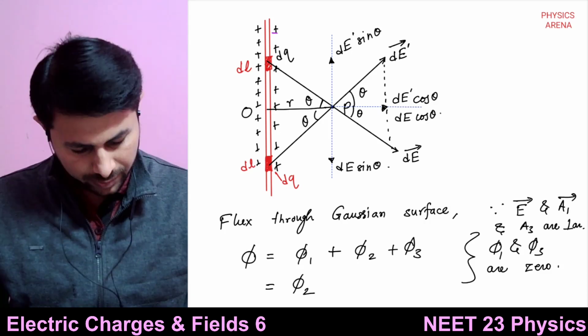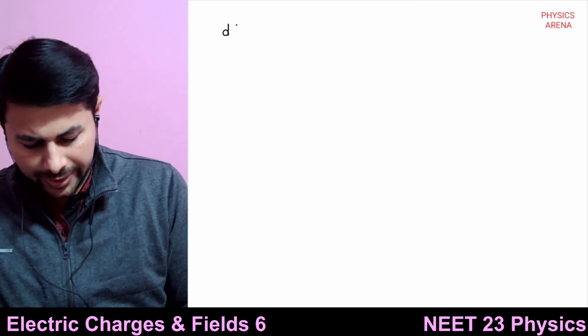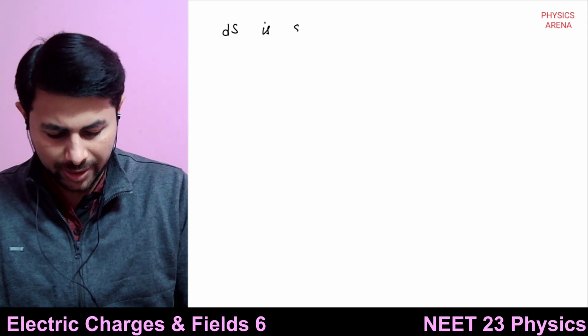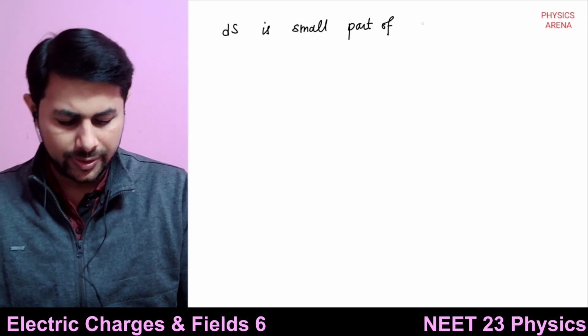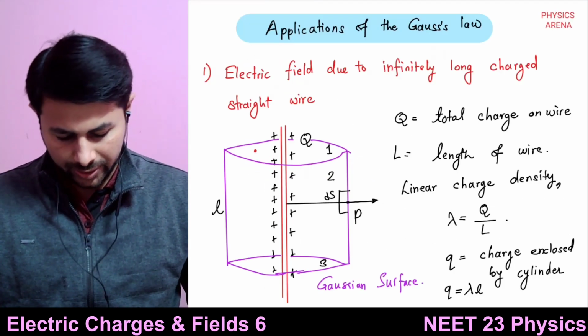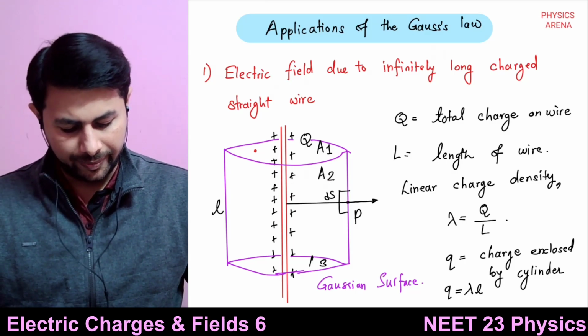Got it? Alright. So ds is a small part of A2. Instead of 1, 2, 3, let's call them A1, A2 and A3.